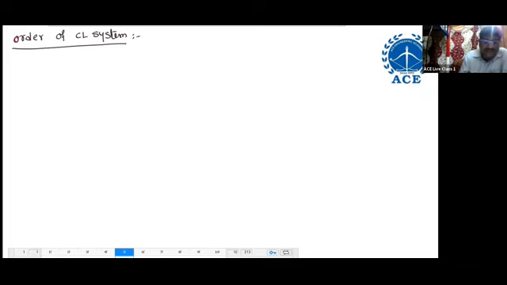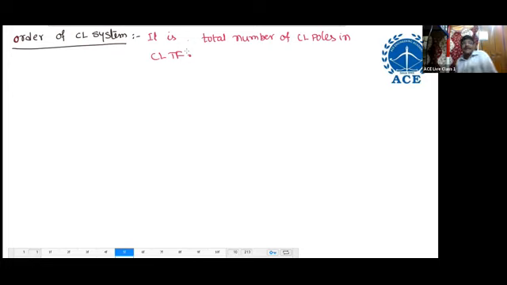Order of closed loop system is the total number of closed loop poles in the closed loop transfer function. What do you understand here?